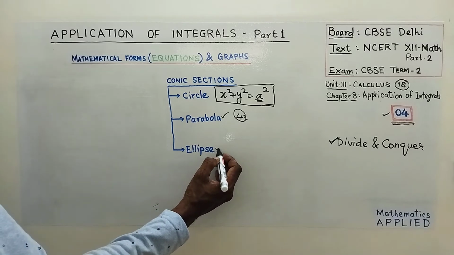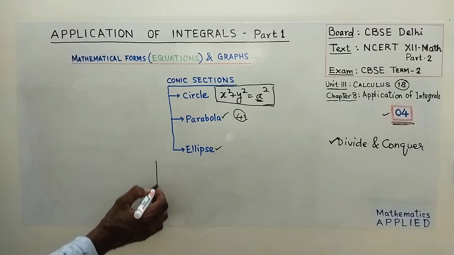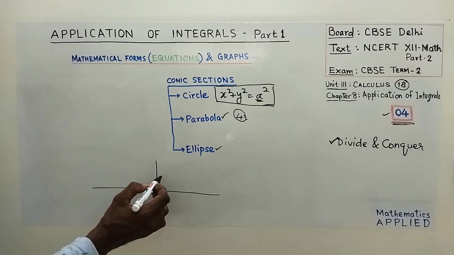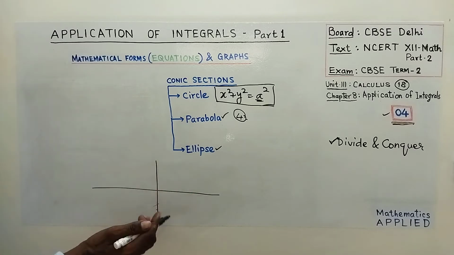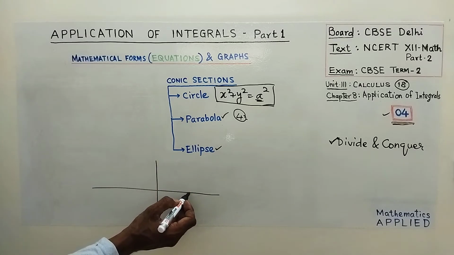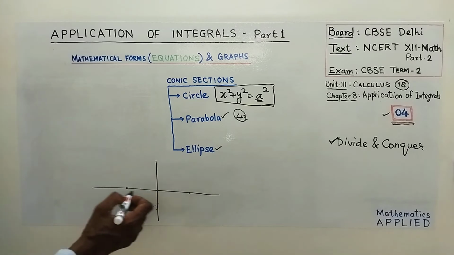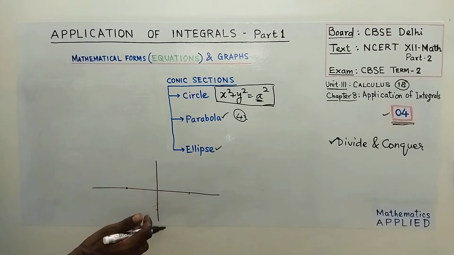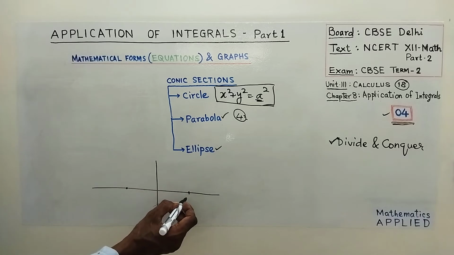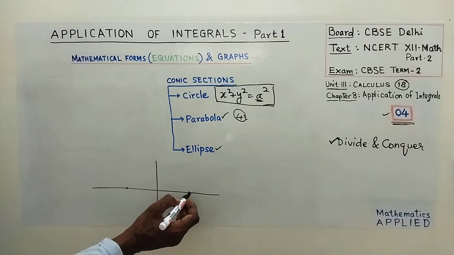Now next is the ellipse. Let's talk about the ellipse. What is an ellipse? It's just, take a circle and compress it from one side. Press it from one side. One of the diameters, I am calling it a diameter because a diameter belongs to a circle, isn't it?